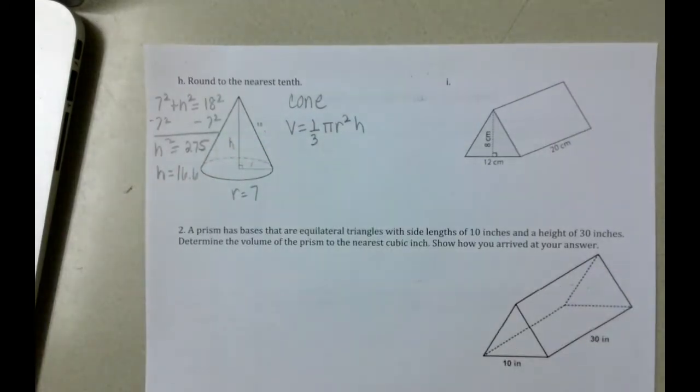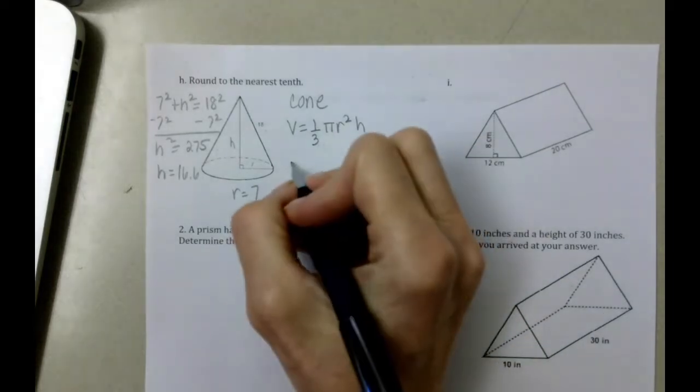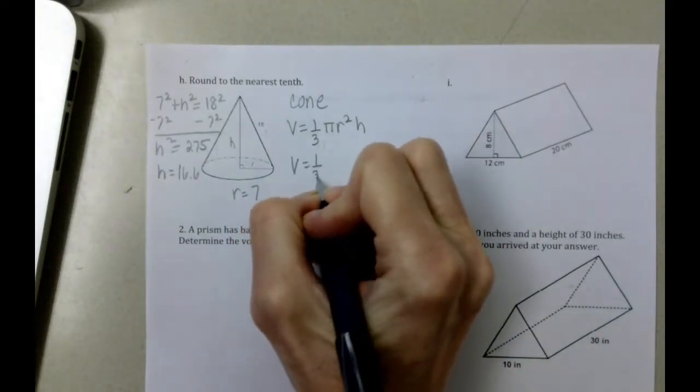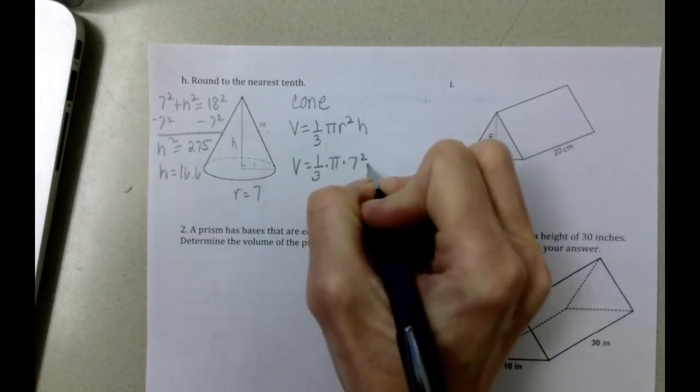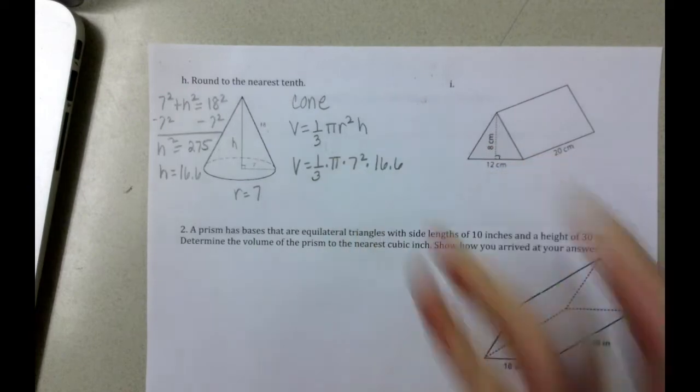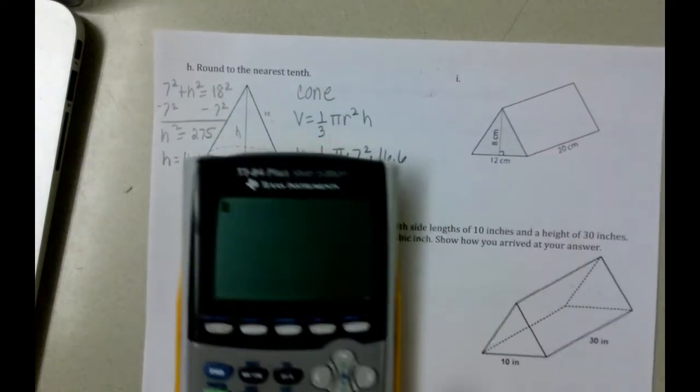And now we're going to take that value and put it back into the formula. So 1/3 times pi times 7 squared times 16.6, and then it's just a matter of typing that all in.